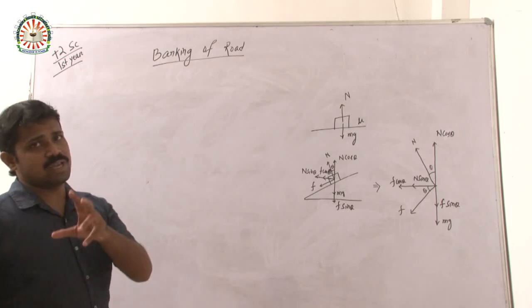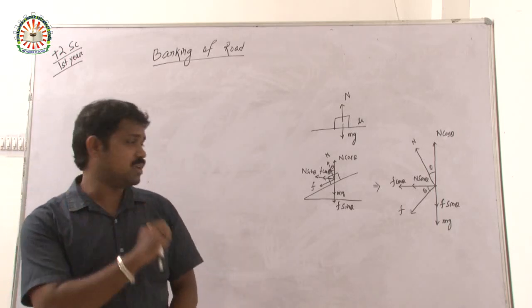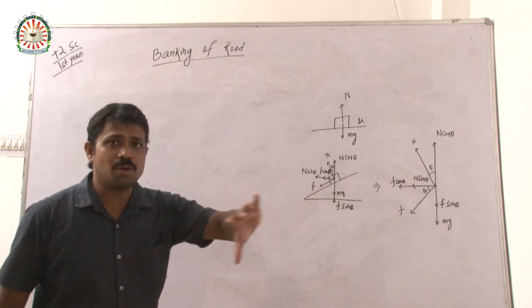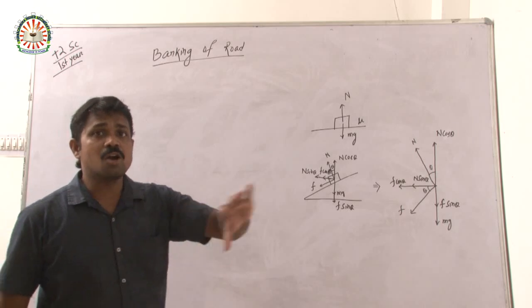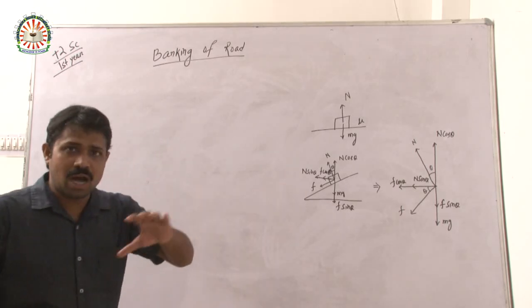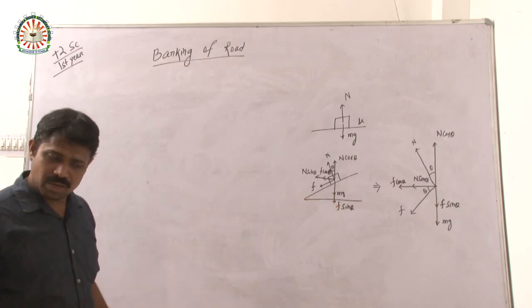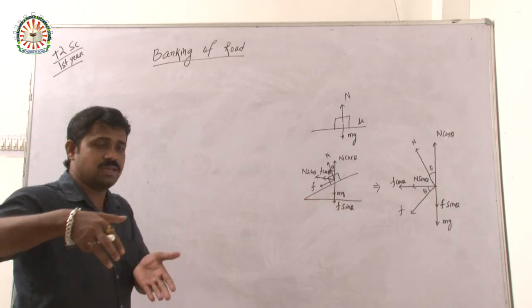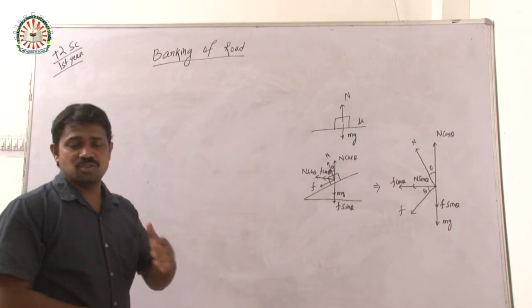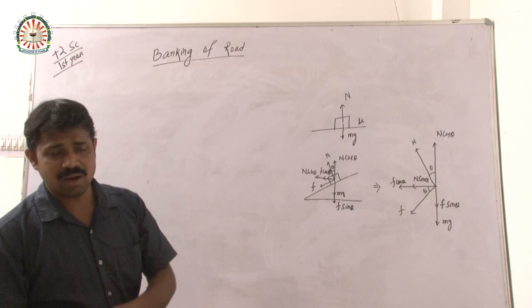So suppose a car is moving. Listen very carefully. Suppose a car is moving in a curved path. What will we assume now? We will assume that the car is in circular motion. Very simple. If a car is moving in a curved path, then we will assume that the car is in circular motion.